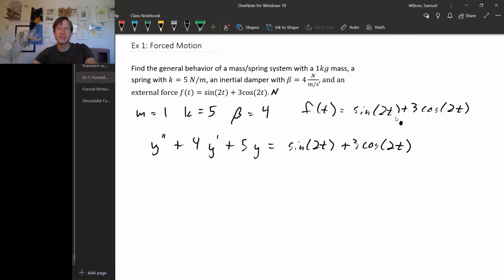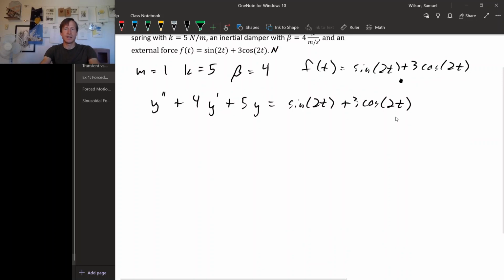All right, so to solve this, we need to find the complementary solution. So we can write down the characteristic equation for the associated homogeneous equation. So that's going to be r squared plus 4r plus 5 equals 0.